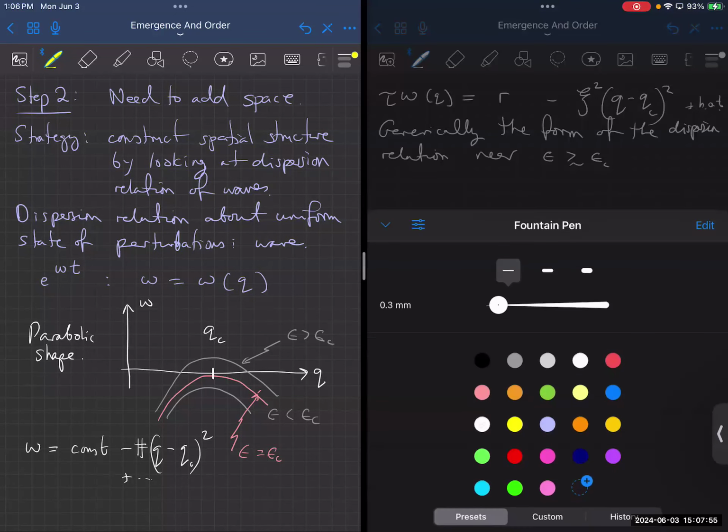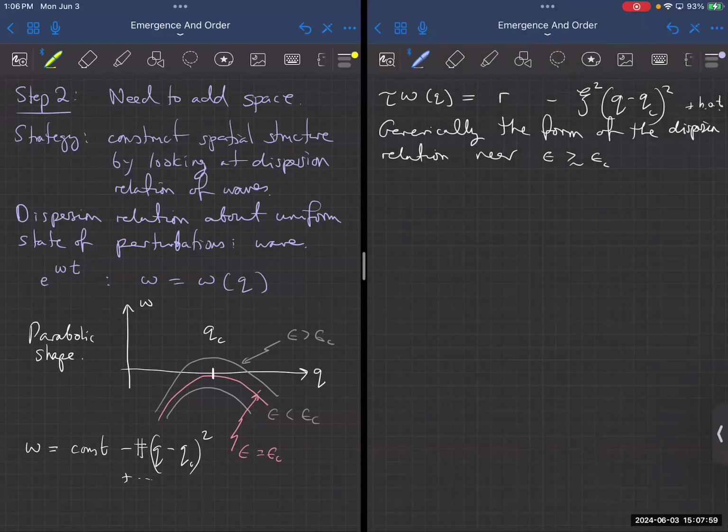So the clever part of this argument is to say, okay, this is great, so now what we're going to do is the next step. This is step 3. I'm going to modulate this state by the amplitude.